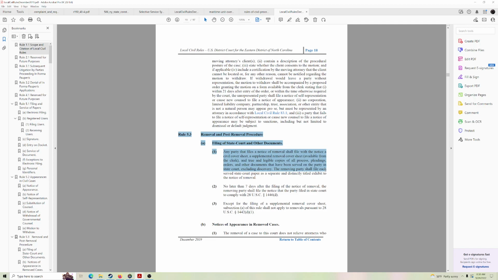The removing party shall file each served state court paper as a separate and distinctly titled exhibit to the notice of removal.